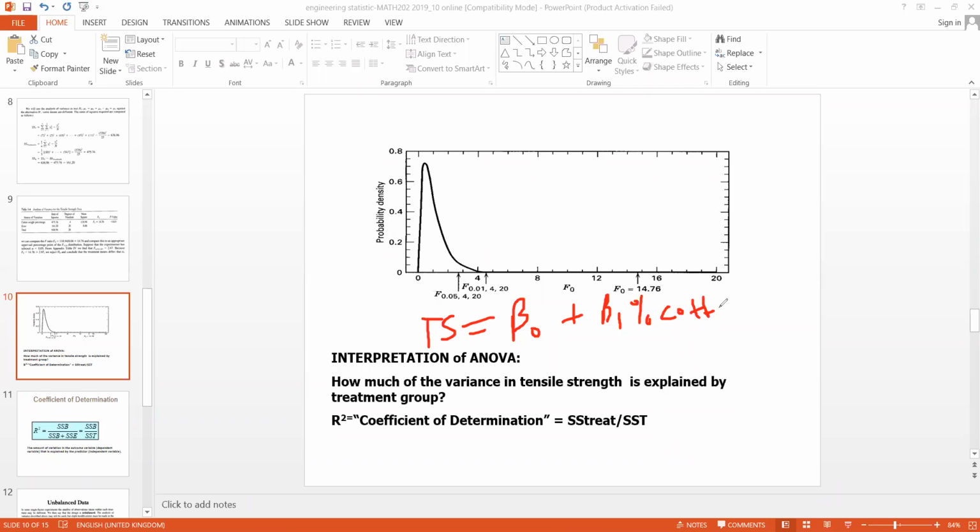So in such a model, your R squared is very important.